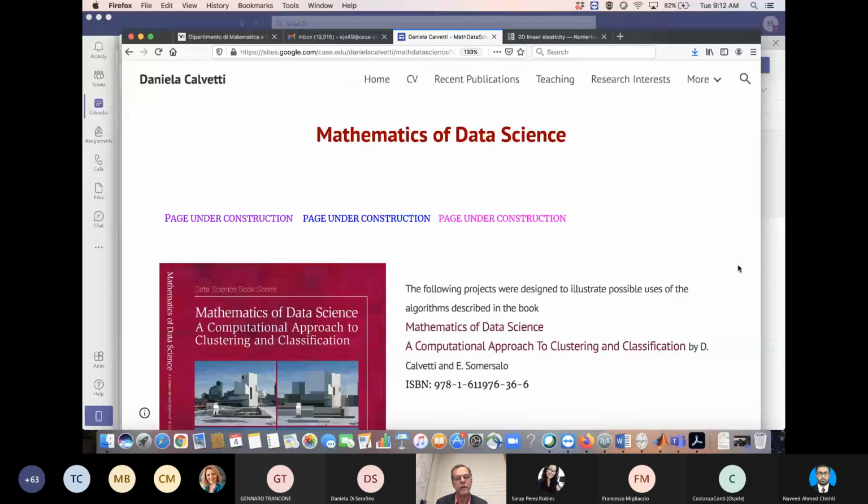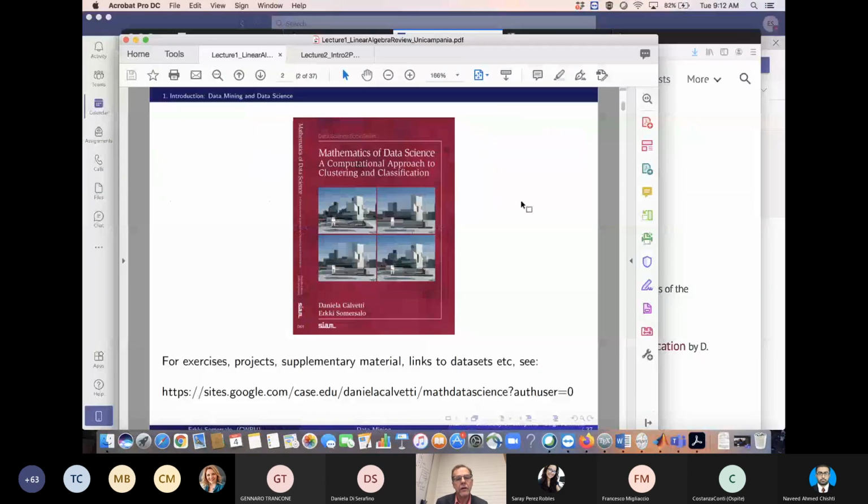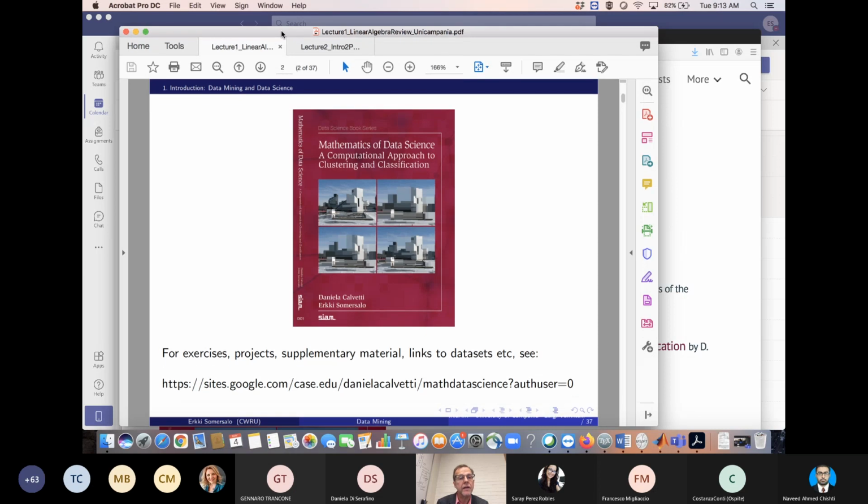There are also data sets that you can download. So far, we have been using MATLAB, but as mentioned in the introduction of the book, there will also be Python material available. We haven't had time to organize the material so that we would have the Python support there, but this page is under construction, and you will have more material there in the future.